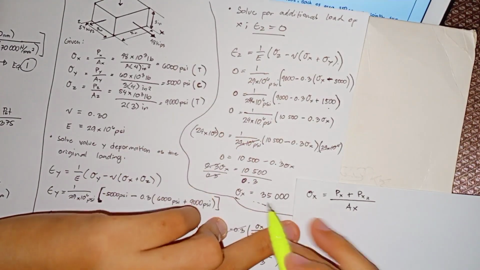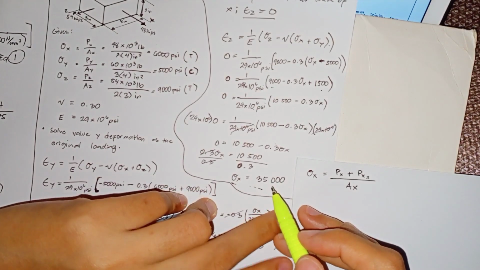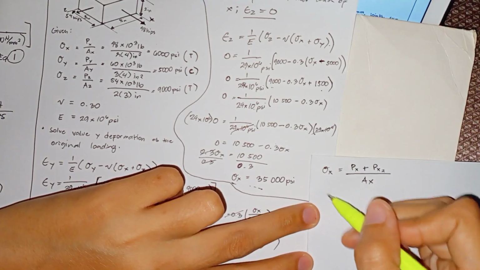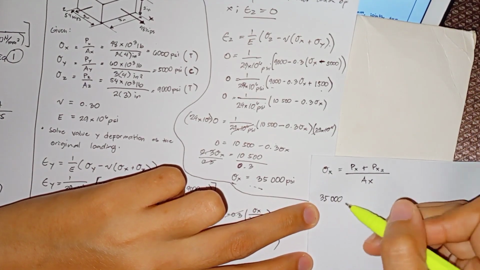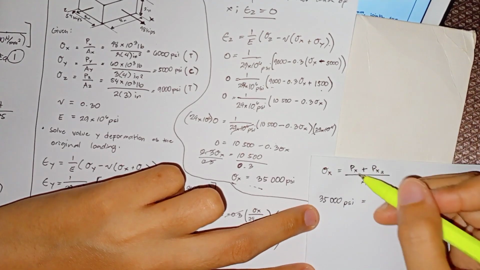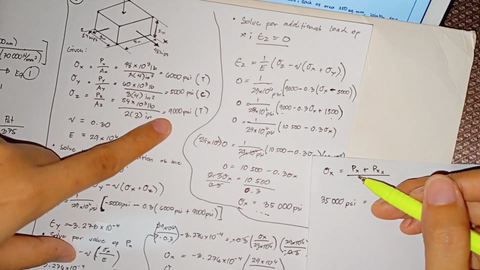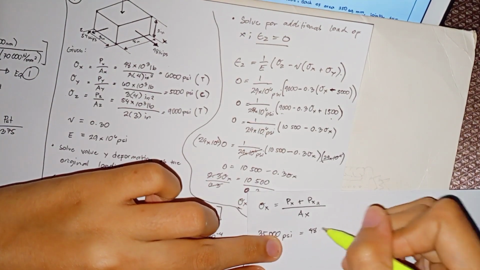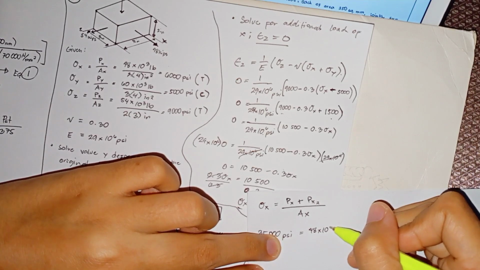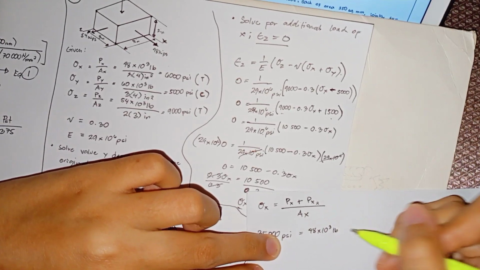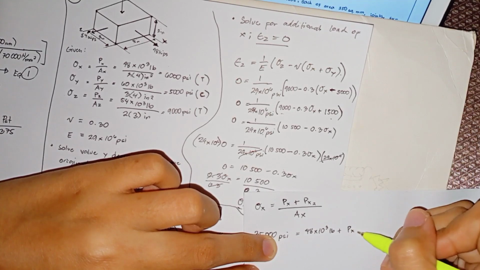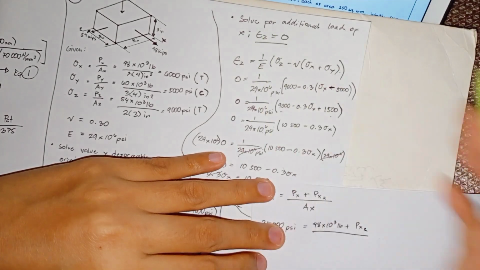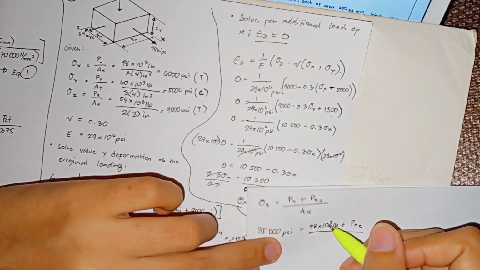Okay. So, substitute natin yung value ni stress of x na nakuha natin kanina. Okay. So, that is 35,000 PSI is equal to P of x yung doon sa given natin. So, 48 times 10 raised to 3 pounds, kasi that is kips, plus P of x sub 2, which is, ito siya yung magiging additional. Yan mismo yung hinahanap natin, solving for the additional load, all over the area.